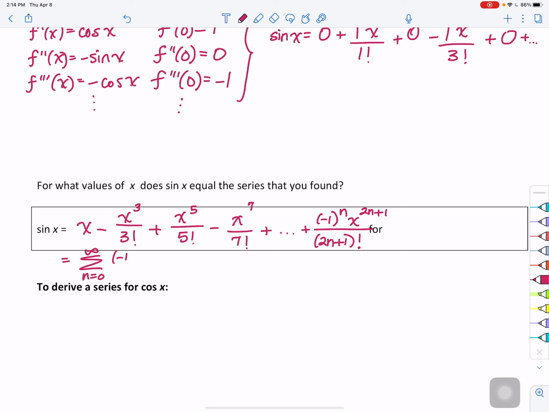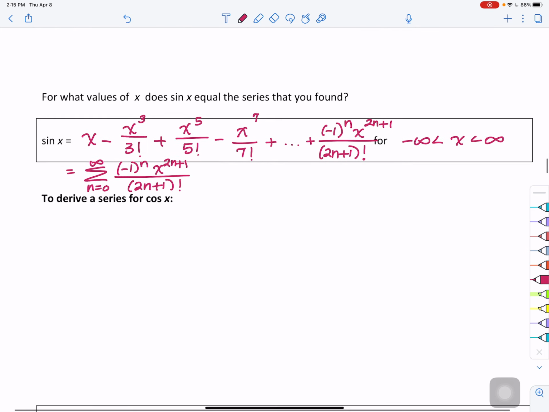And then we have negative 1 to the n, x to the 2n plus 1, all divided by 2n plus 1 factorial, okay? And now also the sine of x, this is for any x value between negative infinity and positive infinity, okay?